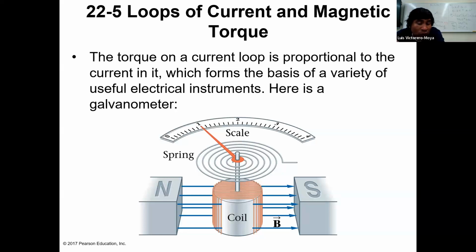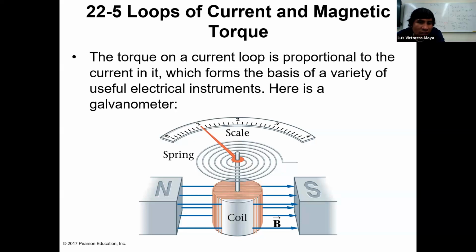Because of what we just explained, when there is a uniform field going through a coil with area A, there's going to be a magnetic torque. And what does the torque do? The torque produces rotation. So as soon as you activate the field through the coil, there's going to be rotation.